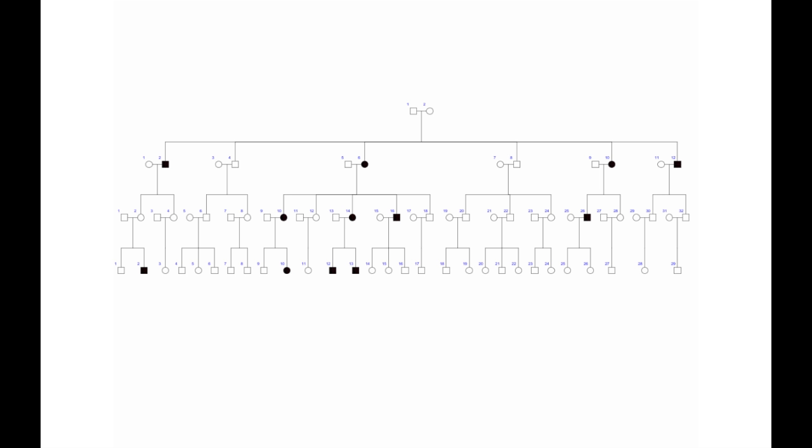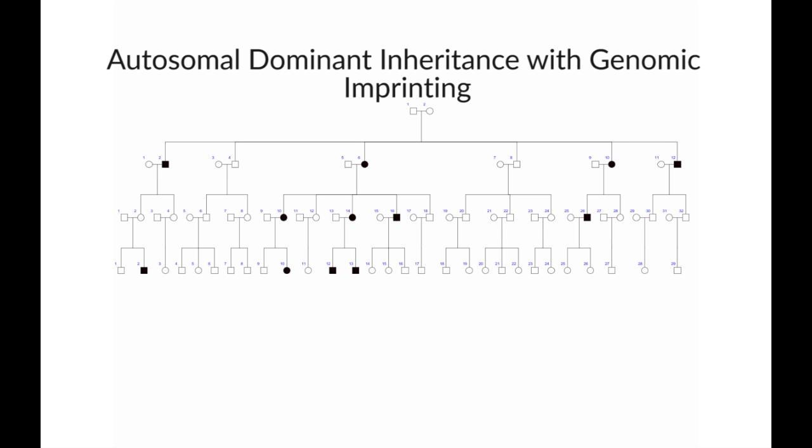This pedigree appears to show dominant inheritance in the sense that you see vertical transmission in the family. In fact, you don't see any evidence of male-to-male transmission, but in fact, you don't see any evidence of male transmission at all. This would be characteristic of a dominantly inherited trait that is subject to genomic imprinting.